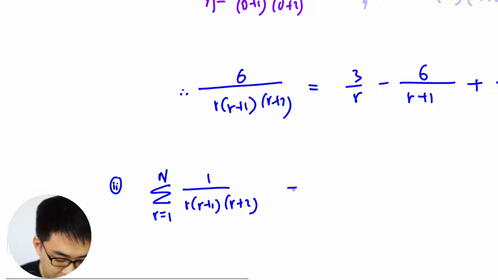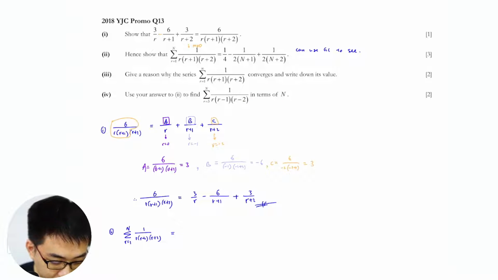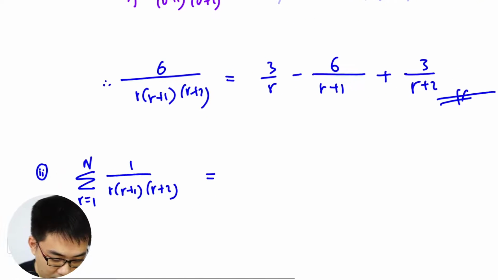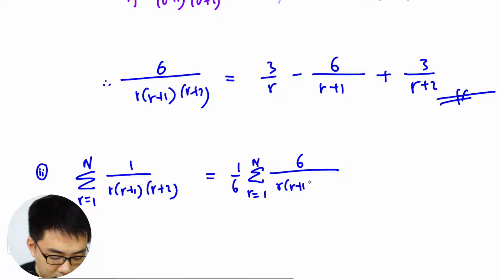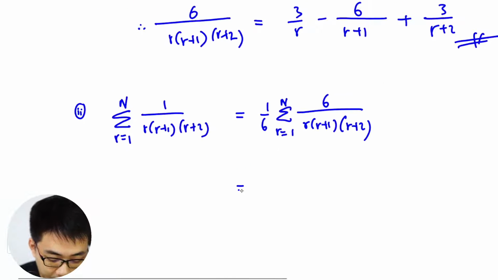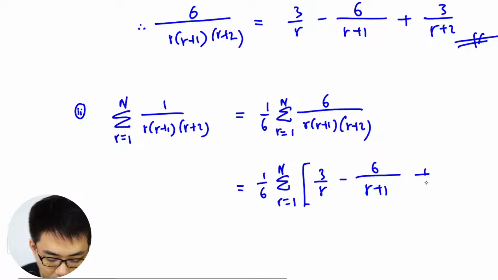So you obviously use this 6 here. You divide by 6, you get this. So you just put 1 over 6, the sum of r equals 1, and the constant can be brought out. Then from here, 1 over 6 and r equals 1, 3r minus 6r plus 1 plus 3r plus 2.